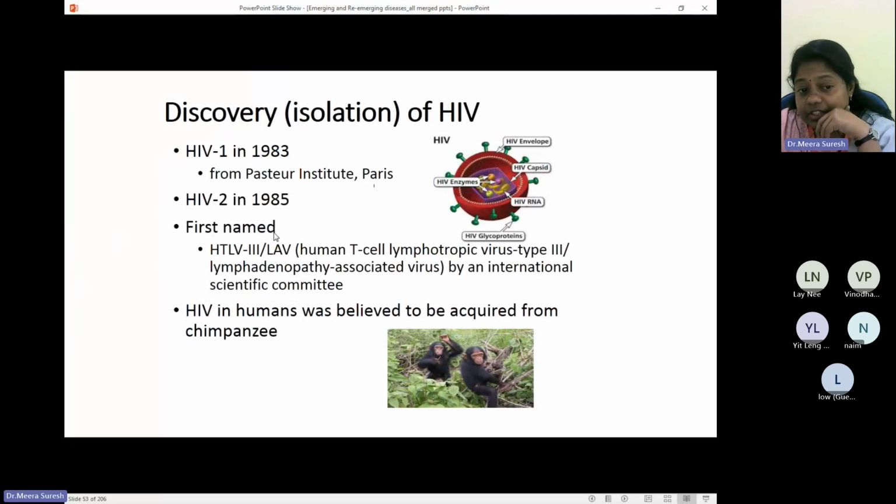It was first given the name HTLV-III/LAV, human T cell lymphotropic virus type 3 or lymphadenopathy associated virus, by an international scientific committee, but later it was renamed HIV, human immunodeficiency virus. It is believed that initially HIV was acquired from chimpanzees.